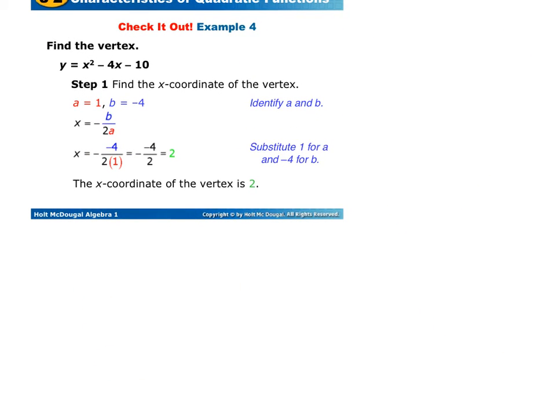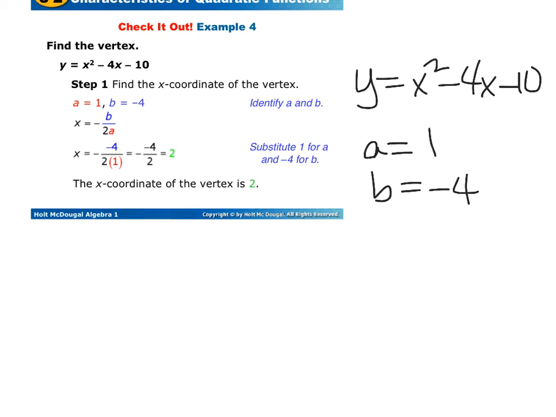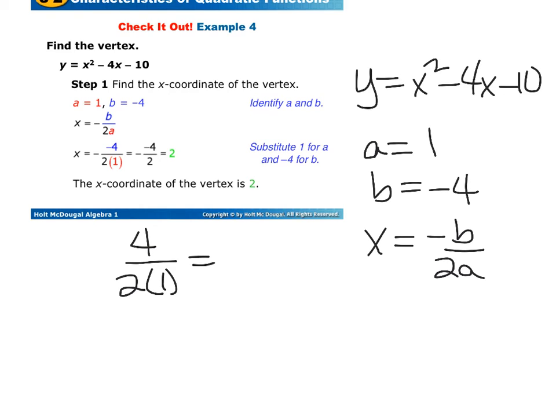We have the equation y equals x squared minus 4x minus 10. Again, my A is 1. My B is negative 4. My formula is opposite of B over 2 times A. Opposite of B is now positive 4 over 2 times 1, 4 over 2, and my axis of symmetry is x equals 2. But it didn't ask for the axis of symmetry, it wanted the vertex.